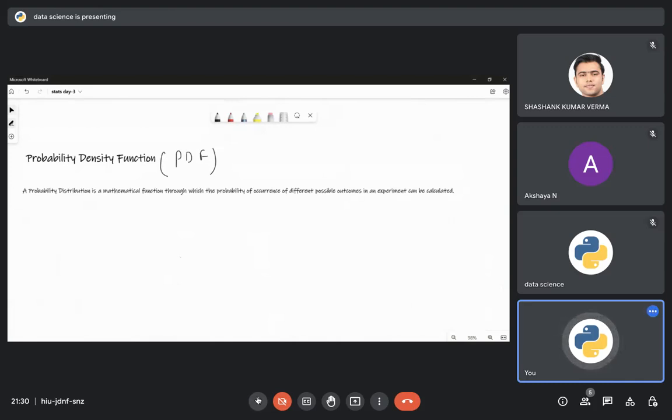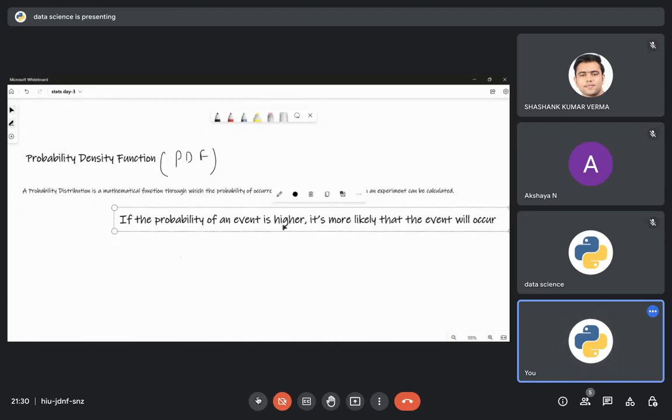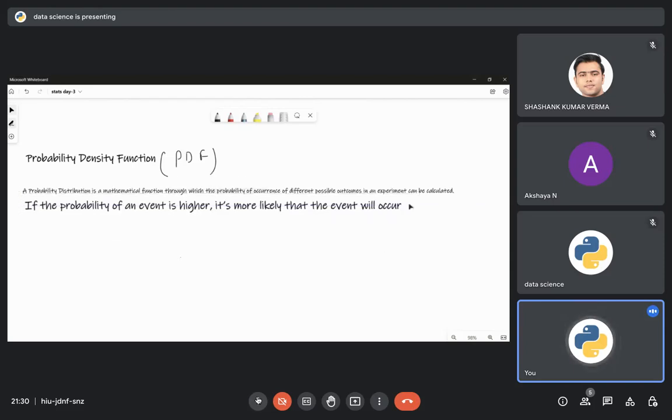If the probability of an event is higher, it is more likely that the event will occur. For example, this is very important, and I am going to take another 1 or 2 hours of classes on it.